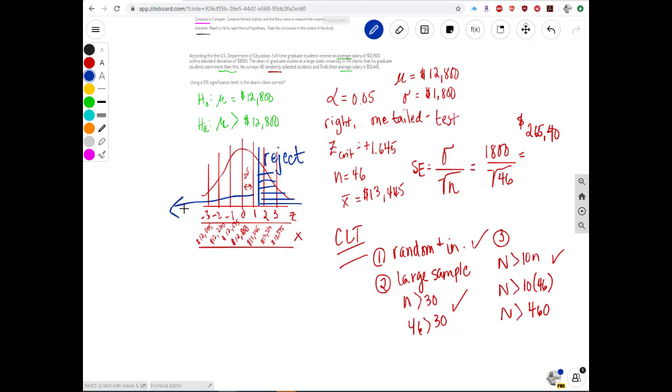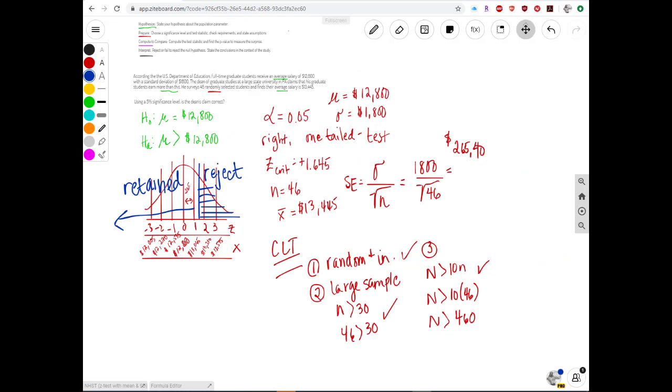Anything less than that is going to be retained. So if I get a Z obtained that is larger than my ZCrit, I'm going to reject. And if I get a Z obtained that is less than my ZCrit, I'm going to retain. So all of that was in the prepare stage. Now we're going to go into the compute and compare part.